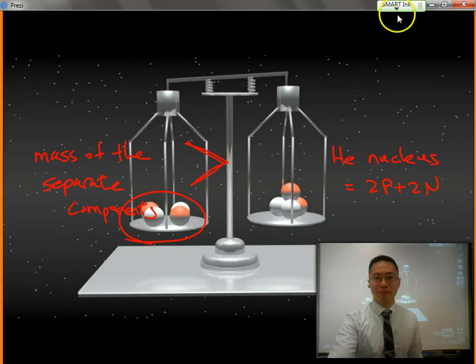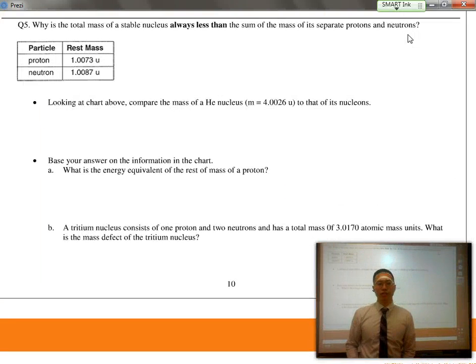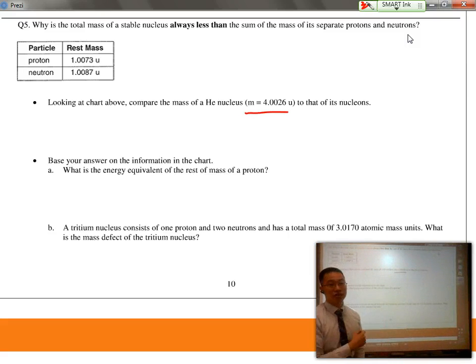Somehow, some of that mass had disappeared. If we look at our chart, we have the rest mass of a proton and neutron, and we know that the helium nucleus has a total mass of 4.0026 u.